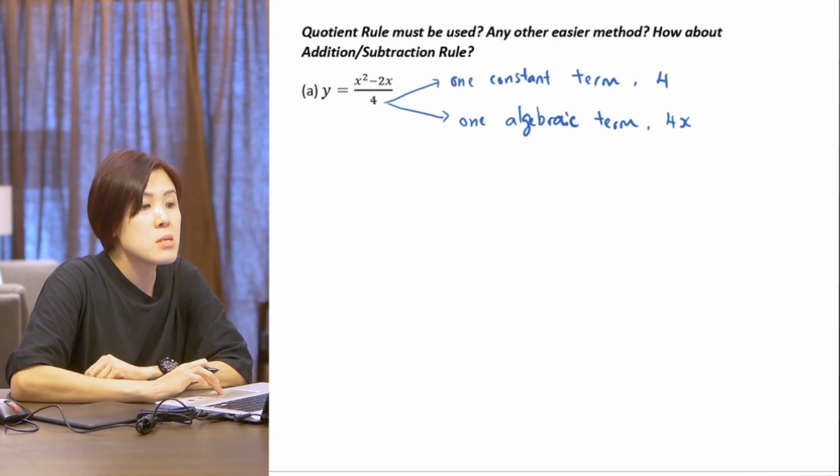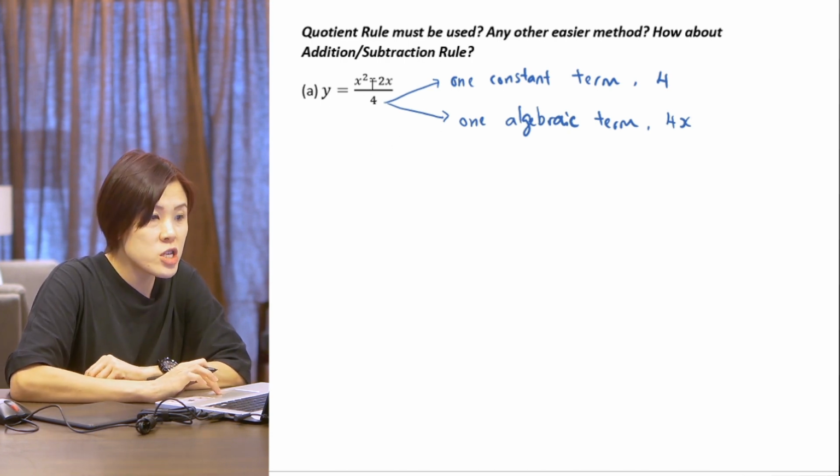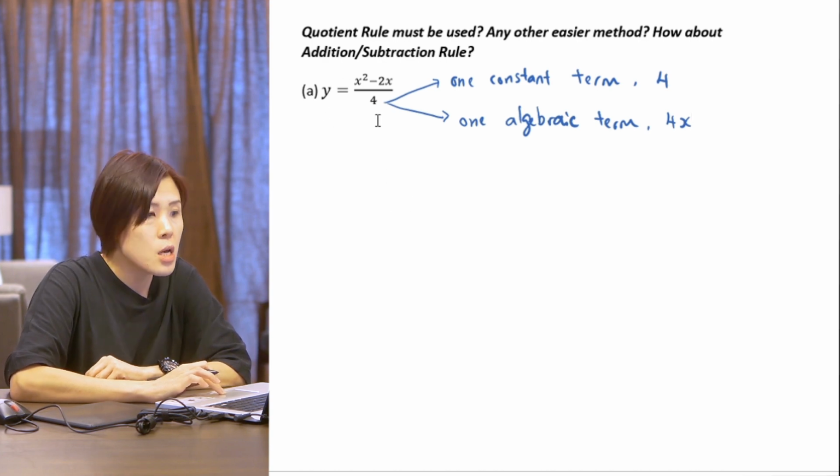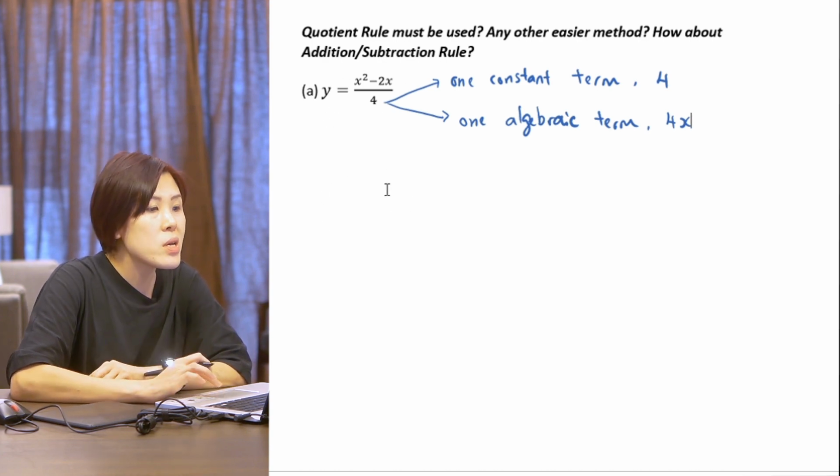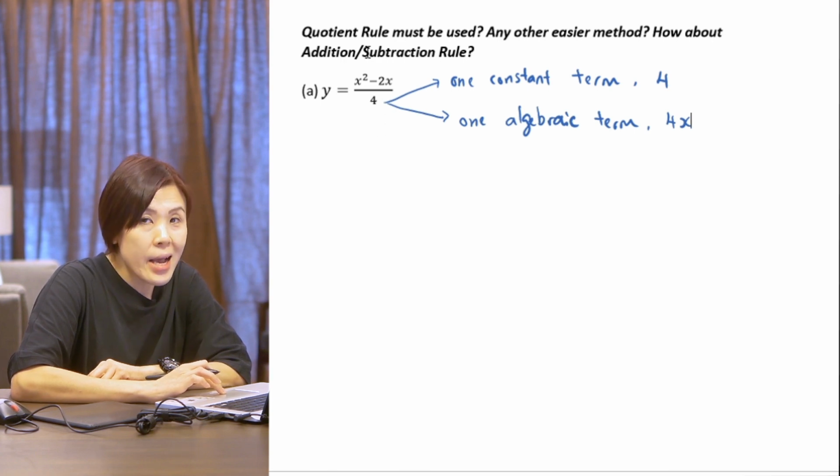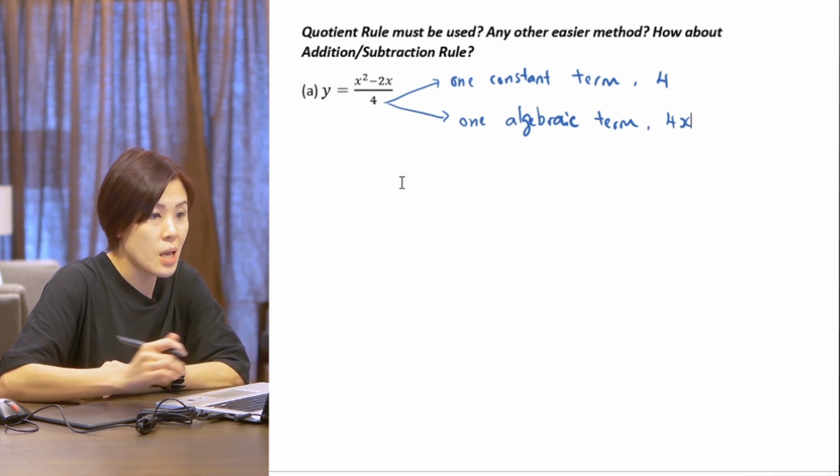So long as you do not see any addition or subtraction in the denominator, we can always put these fractions into separate terms. So in this case, we can separate x squared and 2x as they have the same denominator.